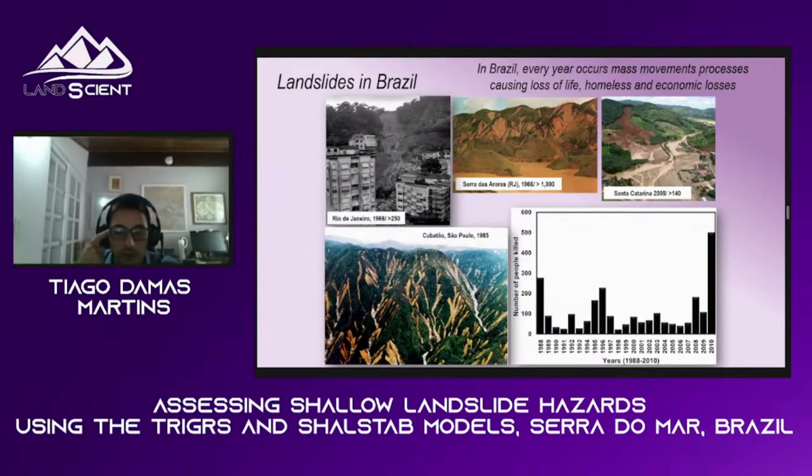Our summer goes from December to February, March, so this is the rainy season. This chart shows the variation in the number of people killed. Recently there were events in Petrópolis, the town of Petrópolis in Rio de Janeiro, and the town of Franco da Rocha near São Paulo, that registered severe damage by mass movements and floods this year, 2022.